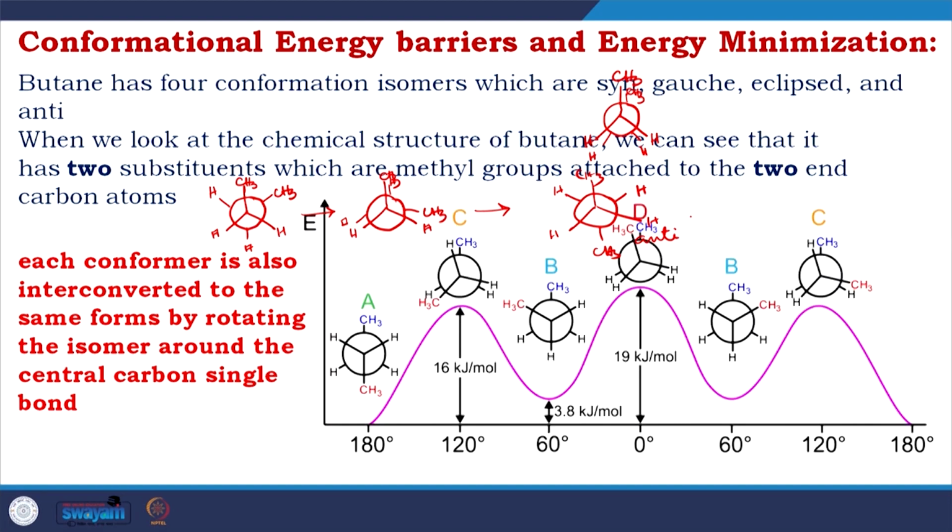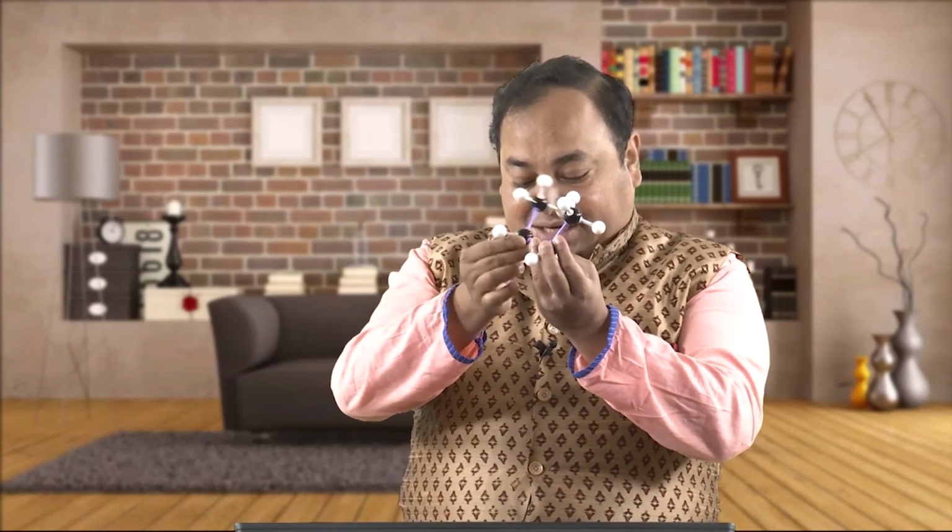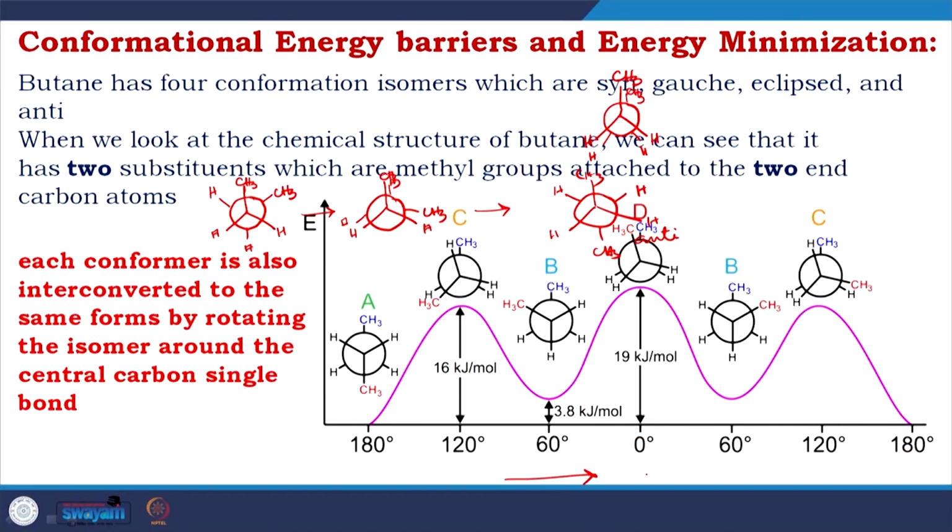Interestingly, if you now put them, the angles starting from 180, you rotate in this way, so you get 120, 60, 0, 60. In that way, you plot the dihedral or torsion angle with energy.